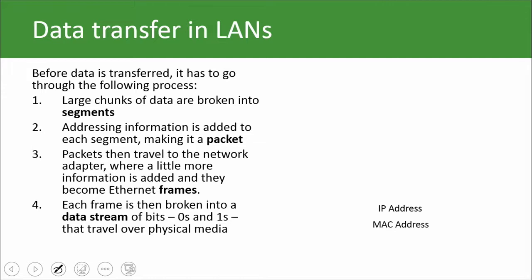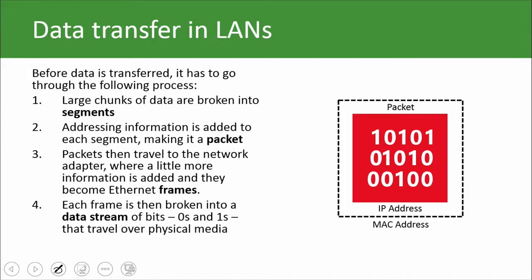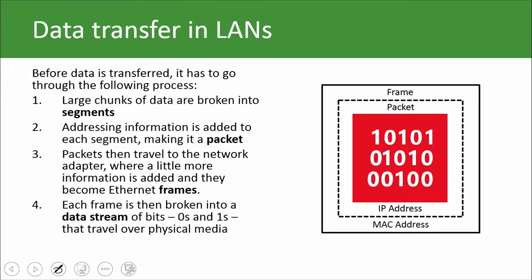So before data is transferred, it actually goes through a really interesting process. We break large chunks of data into things called segments. Addressing information is then wrapped around that segment, and we call it a packet. From there, we add a little bit more information in order to make it something called a frame.